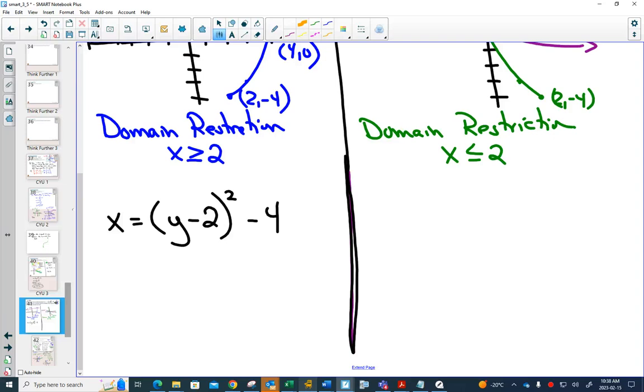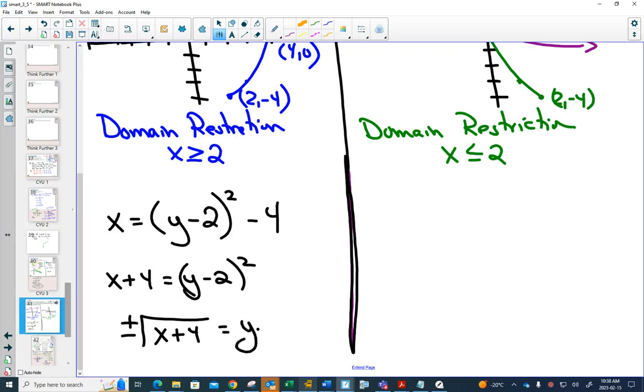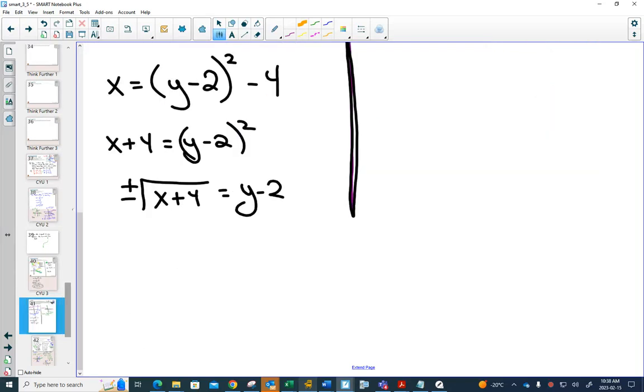I can add 4 to both sides to get the squared by itself. Square root both sides. And finally get y by itself by adding 2 to both sides.